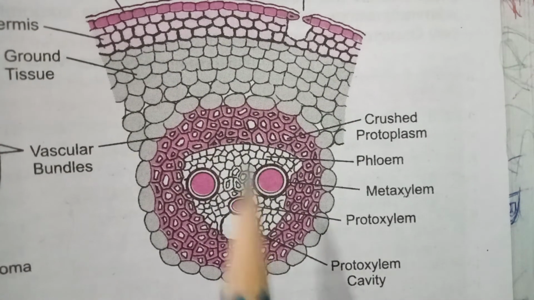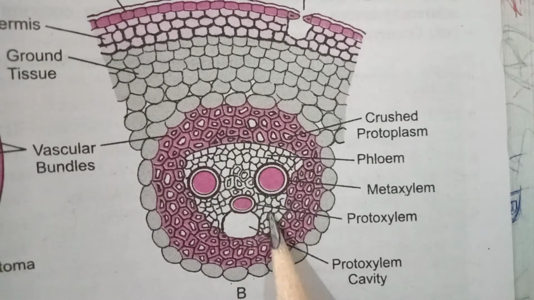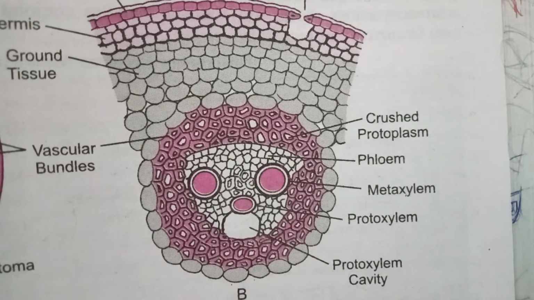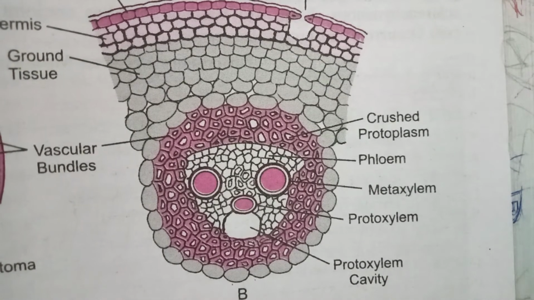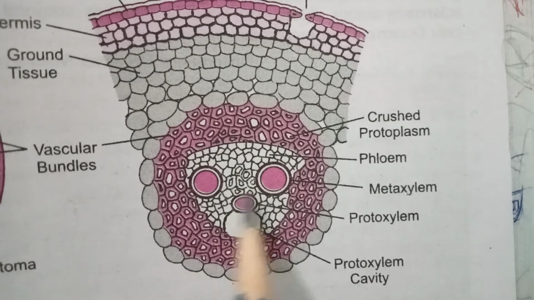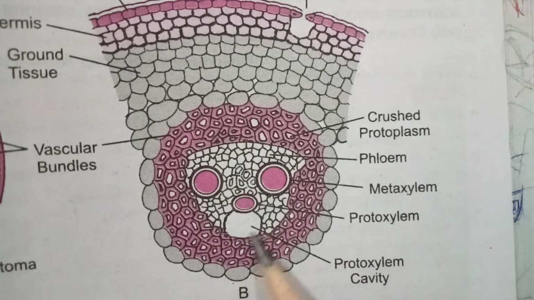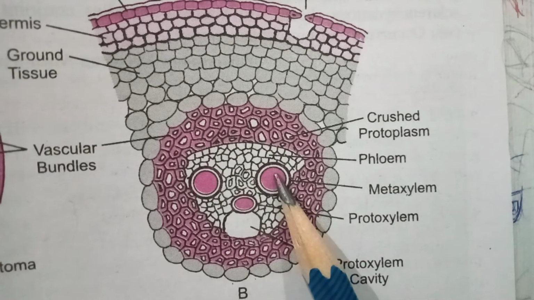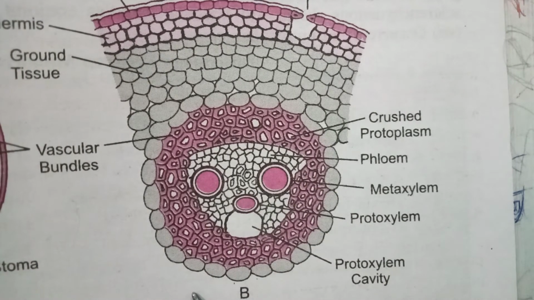Then next to it are the vascular strands. These are conjoined collateral closed. That means here cambium tissue is not present. Cambium is present only in dicots, not in monocots. Here the protoxylem is present, and metaxylem is present, and the arrangement is endarch type.